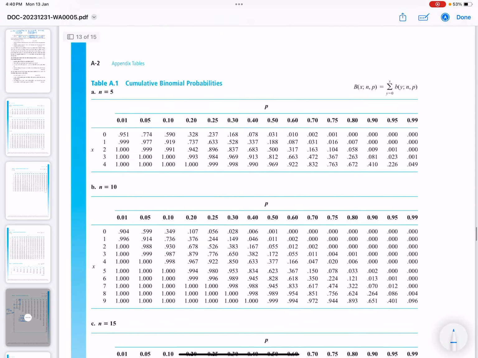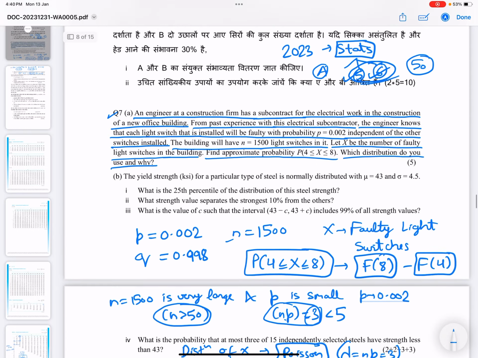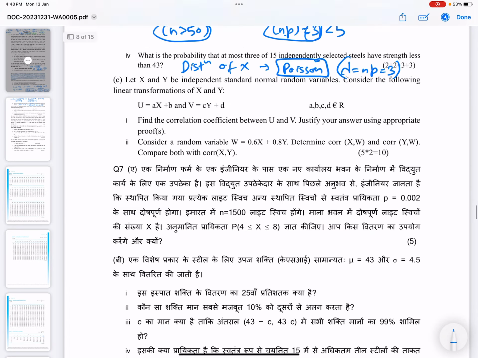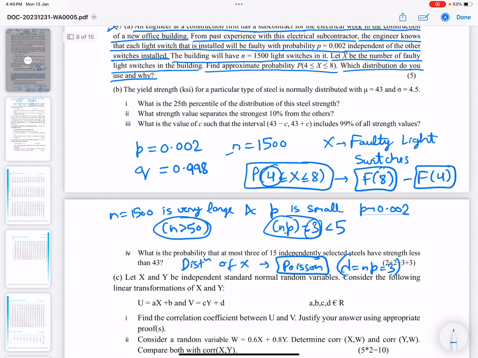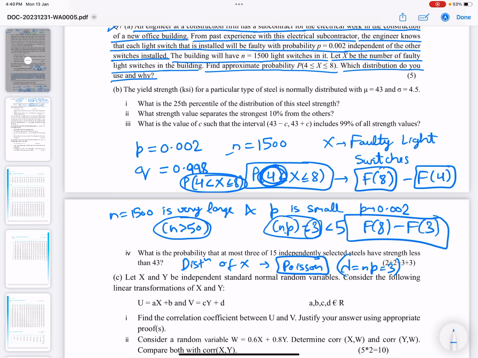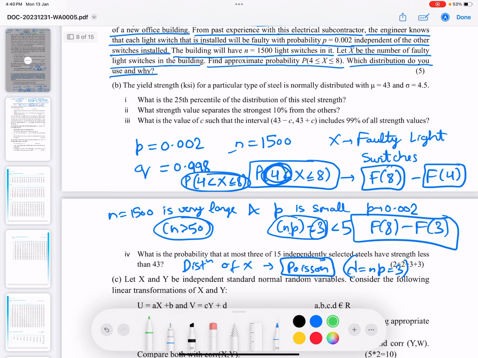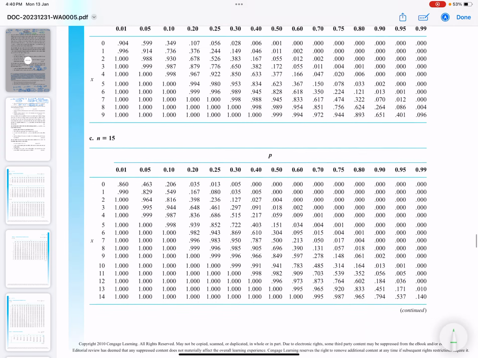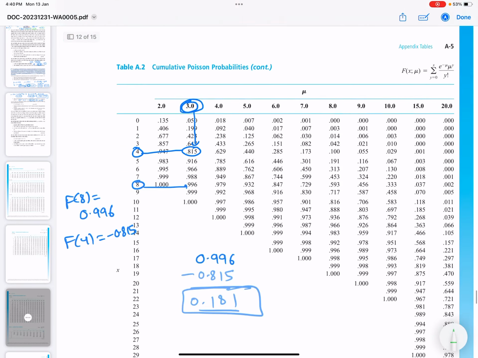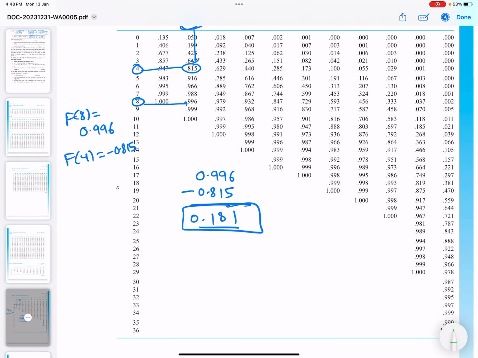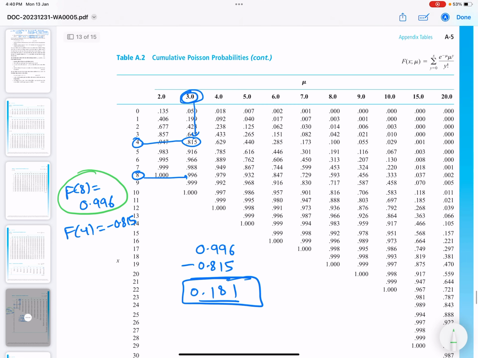Whether 4 is included or exclusive, I'm not sure. Okay, 4 is included. Had it been the case that 4 is strictly less than X, then this would be the right answer. But since 4 is also included, we need to find F of 8 minus F of 3. We already know F of 8 is 0.996.